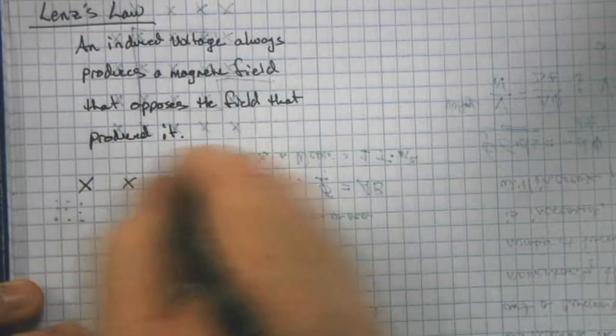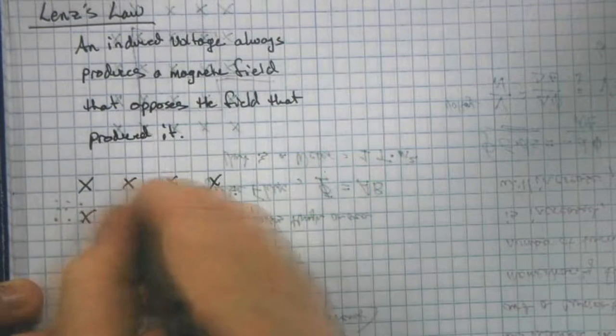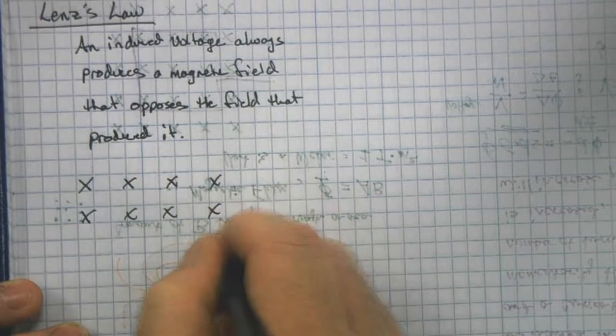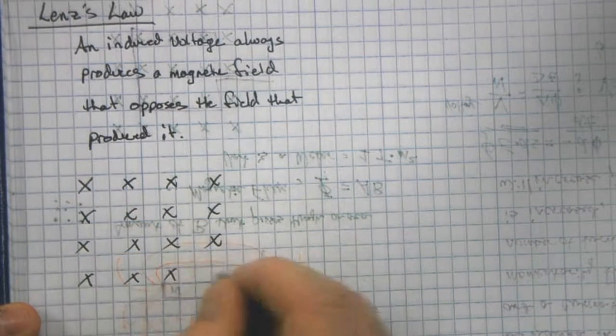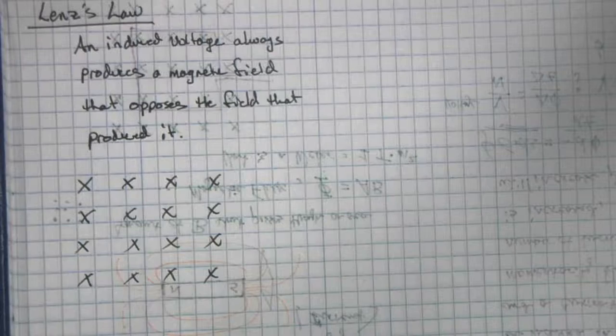Let's make our field again. Okay, and then we're going to make a loop.